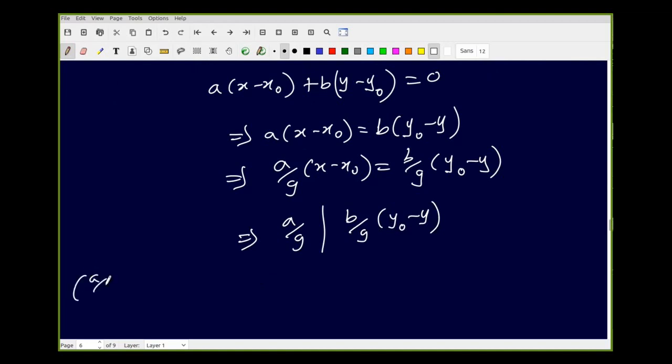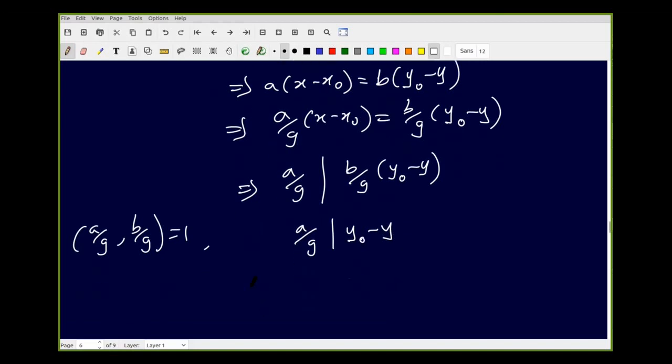But we know that the GCD of a/g and b/g is 1, so a/g does not divide b/g, since a/g has no common factor with b/g. So a/g divides y₀ − y.